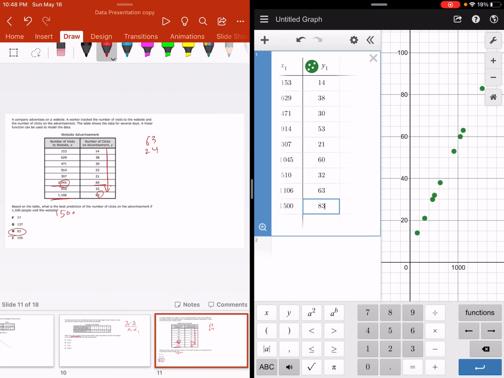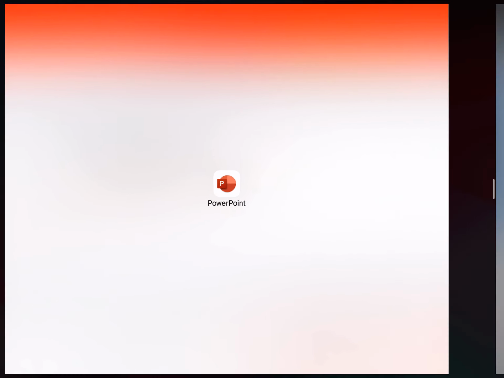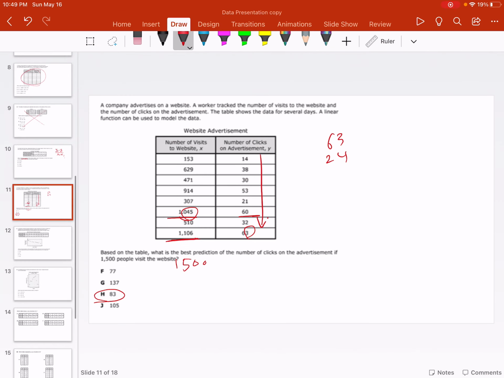Oh, it looks like one line, so I think it's 83. I predicted right. What about 105? It's way off. So your reasonable answer is gonna be either 77 or 83, but to me 83 is more reasonable, isn't it? So it's gonna be H. So you can use a table like this.